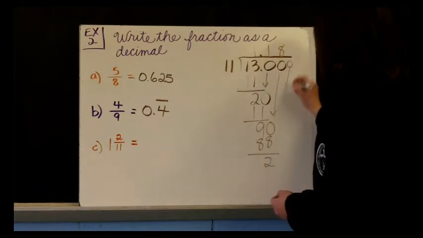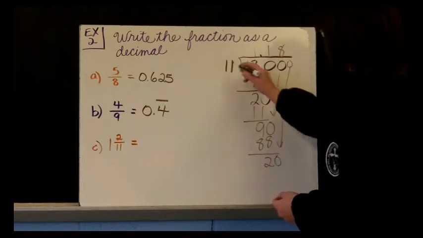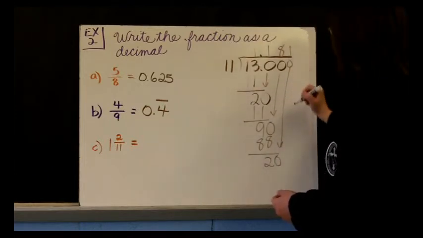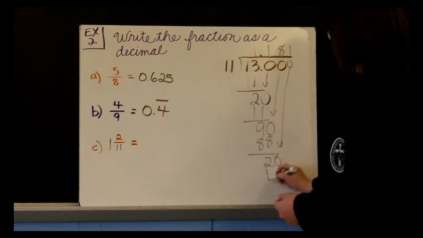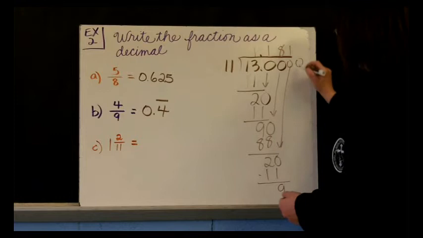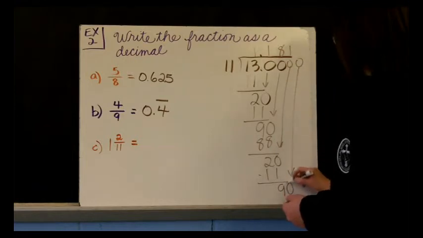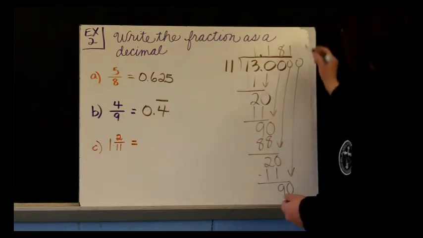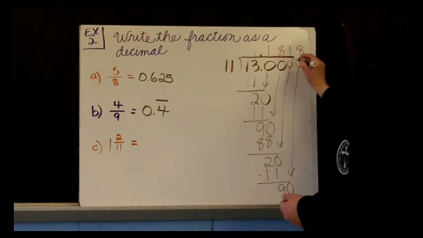We'll annex another 0. 11 goes into 20 once. 1 times 11 is 11. We'll do our subtraction. We'll get 9. Annex a 0. We have 90. 11 goes into 90 8 times. So you see what's happening.